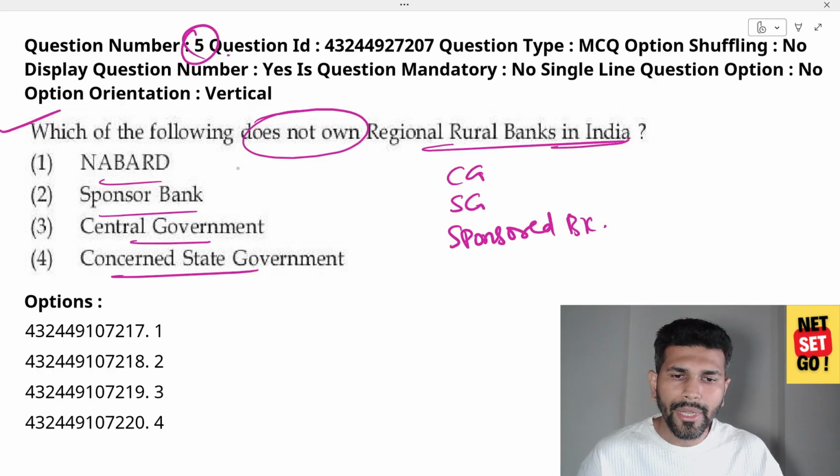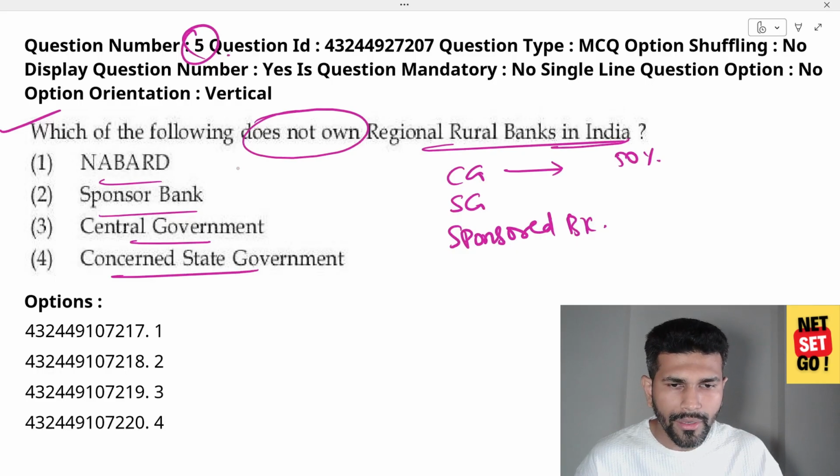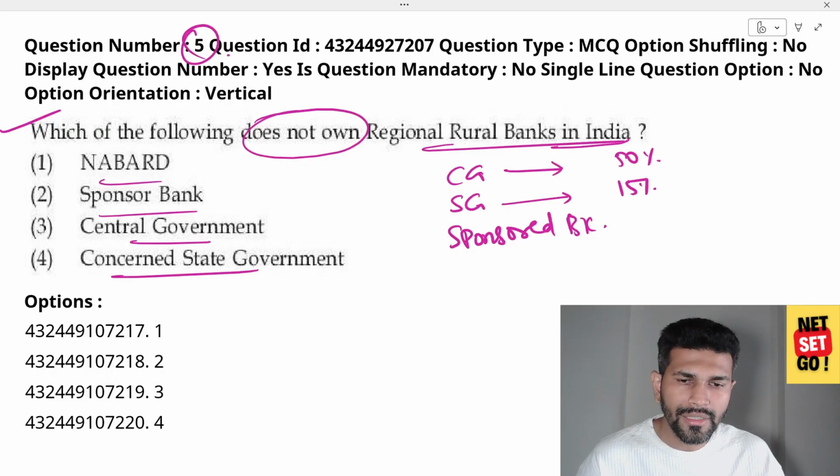Out of total funds, 50% is provided by central government, 15% by the state government of the respective state, and the remaining 35% by the sponsored bank.